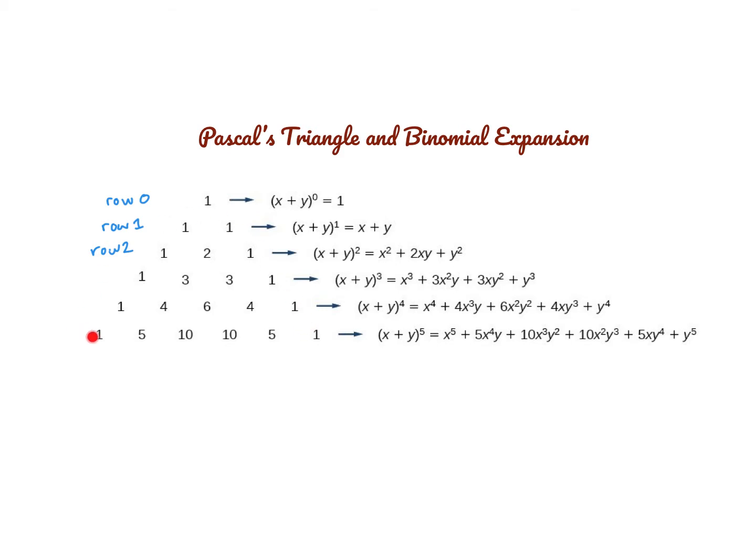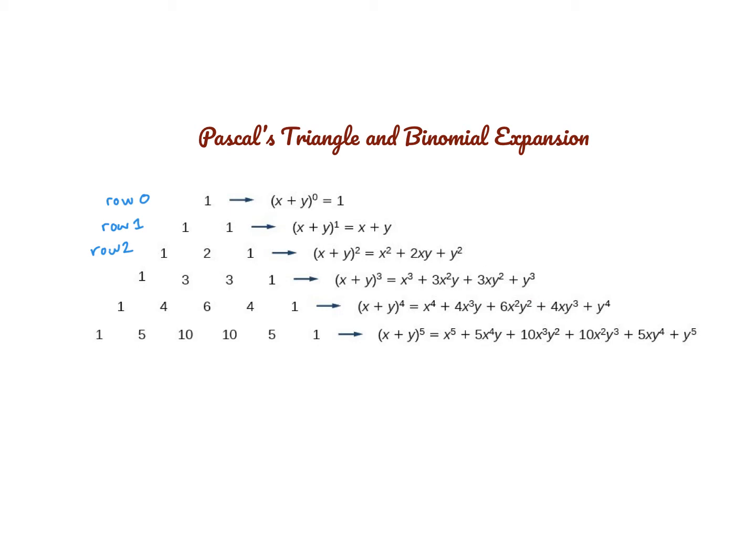These numbers in Pascal's triangle actually show up with binomial expansions. If you're expanding out a basic binomial like x plus y, the numbers of Pascal's triangle are going to be the coefficients of the terms in your expansion.